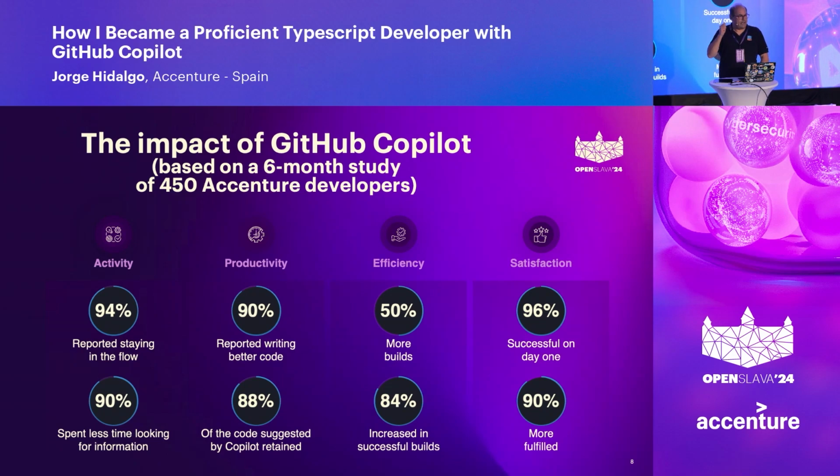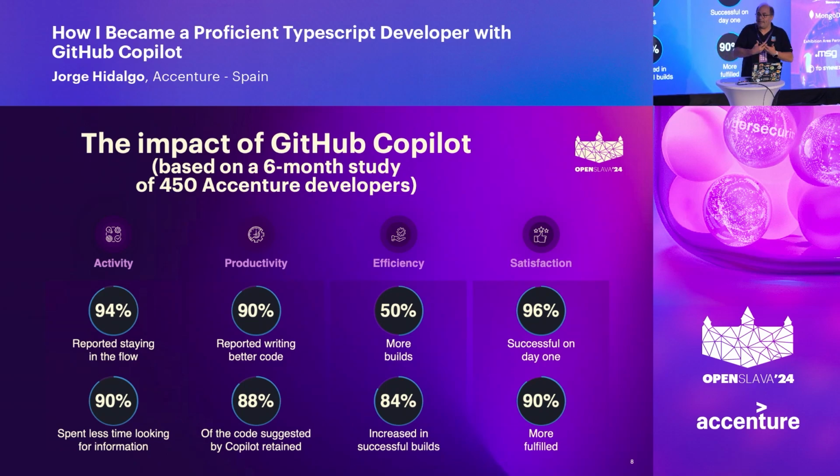But the important thing is that the feelings of the people using the tool were positive, in the sense that they felt successful on the first day of the task, and they felt that the code they were writing was better. And there is this interesting figure, the 88%, which is a very objective measure by the tool.